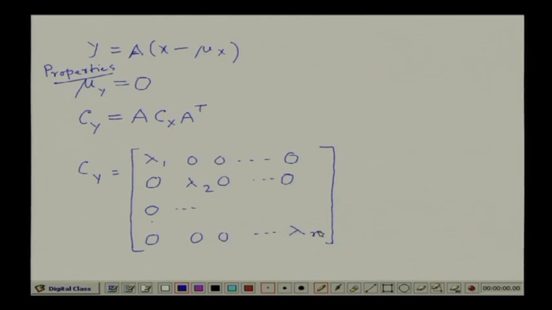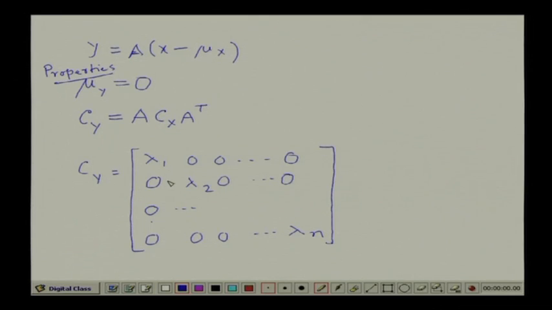And since the off diagonal elements are always 0, the elements of the y vectors are uncorrelated. So, the properties of the vectors y that we have got are: the mean of the vectors is equal to 0.